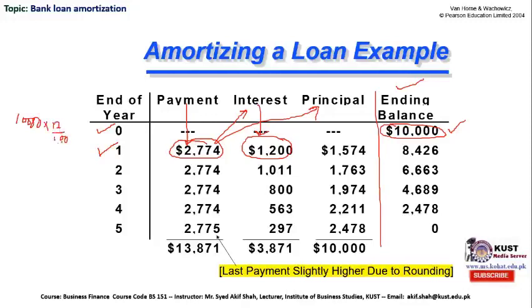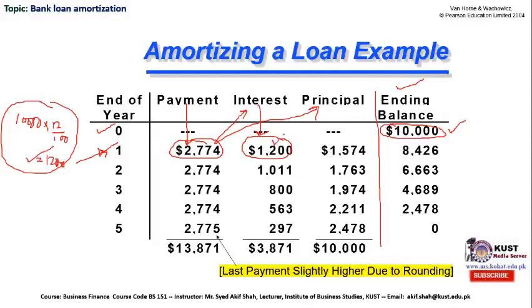So you need to divide 12 by 100 and it will give you the annual interest rate Julie Miller is supposed to pay at the end of first year. So with the help of this formula, 10,000 principal amount multiplied by 12 divided by 100, it gives you 1200 interest. So you have calculated 1200 interest needs to be paid back to the bank.